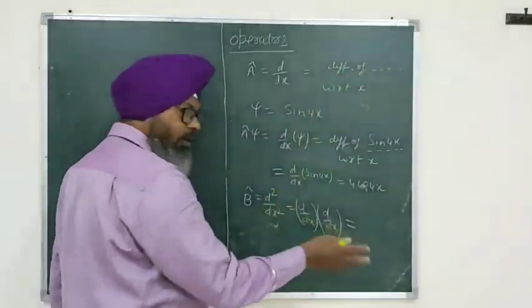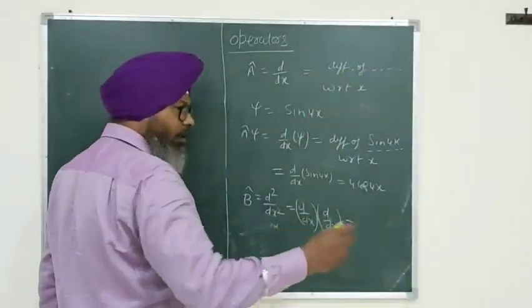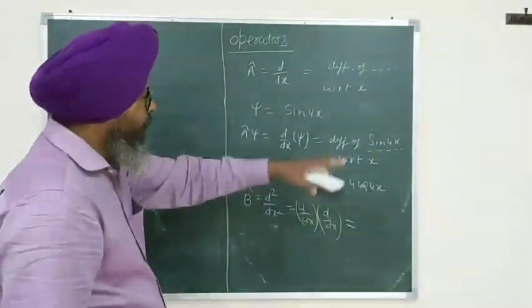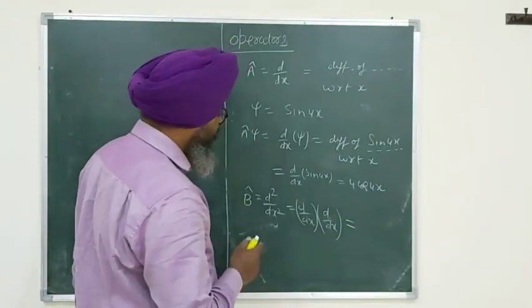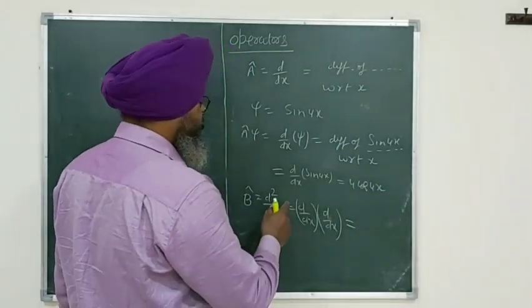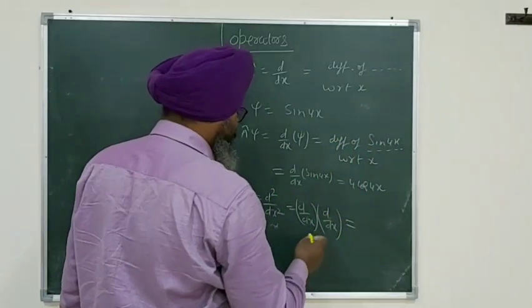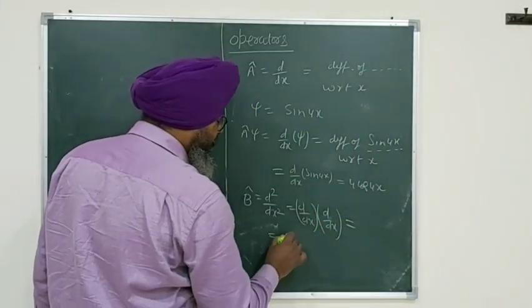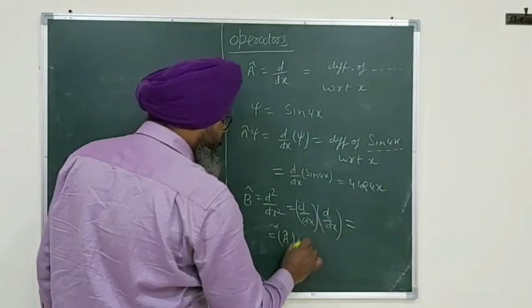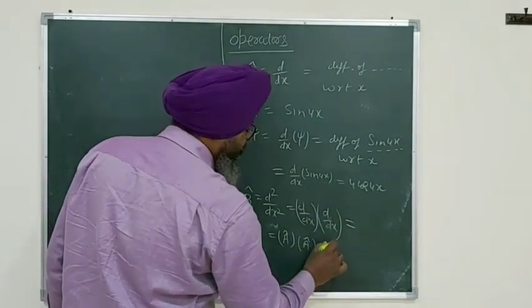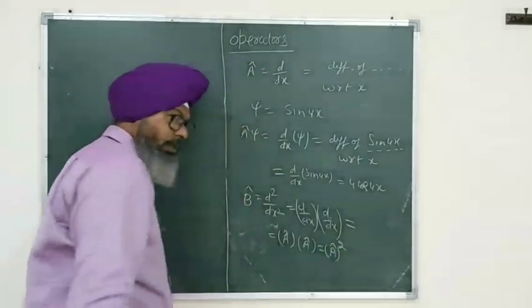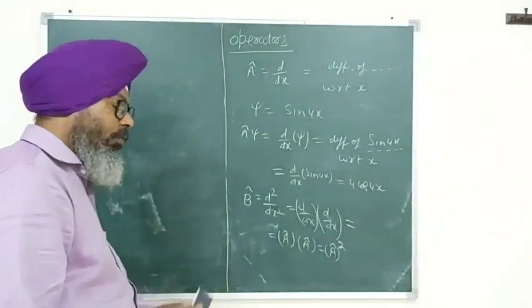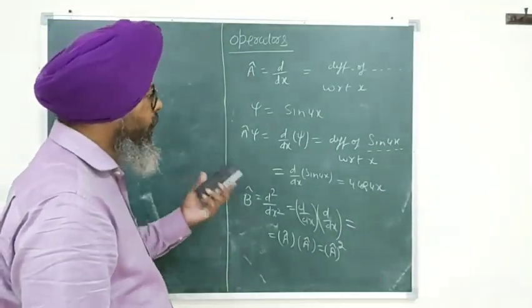I would not write this kind of statement right now, I guess the students are now mature enough to make similar kinds of statements. This will be the second order derivative of dash dash dash with respect to x. Now it's interesting to see that this operator is a cap and this operator is also a cap, so it is a cap square. This is allowed in quantum mechanics, that if you multiply two operators, the result can be a new operator.